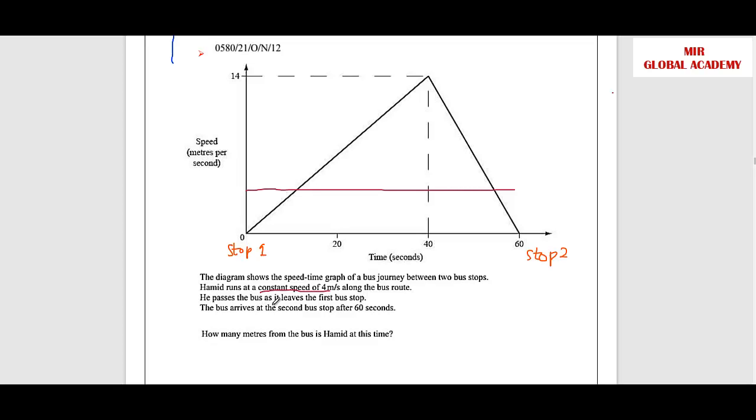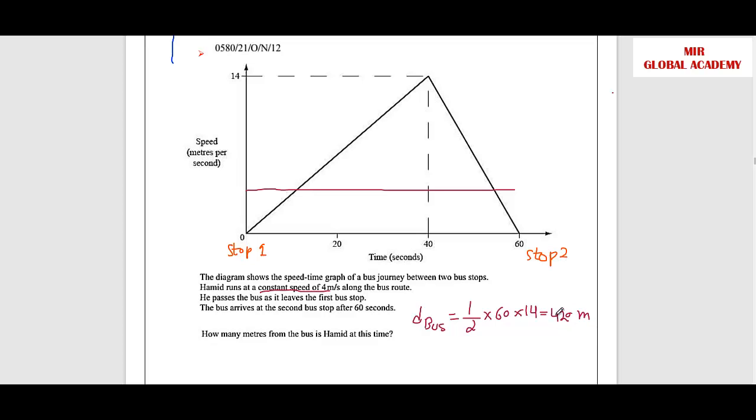He passes the bus as it leaves the first bus stop. The bus arrives at the second bus stop after 60 seconds. So now we have to find how much distance the bus has covered in these total 60 seconds. And that is the area of this graph, which is a triangle here. So we have to find the area of this triangle. And it is half, base is 60 and height is 14.